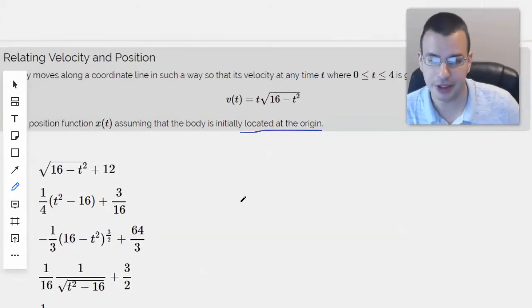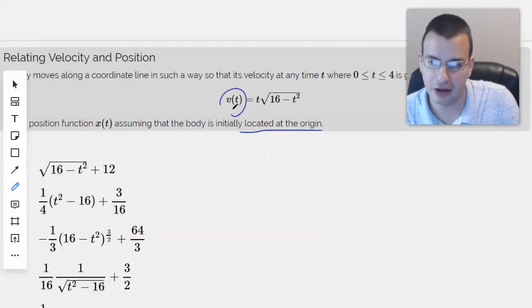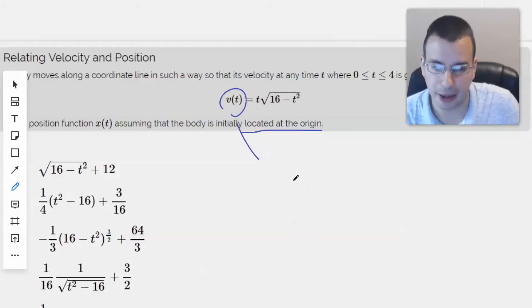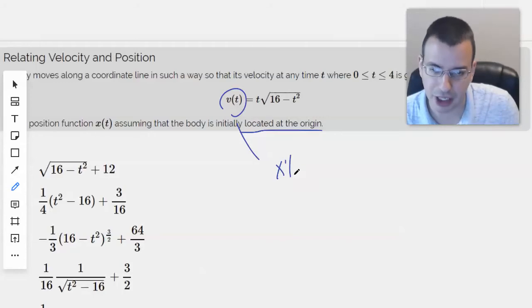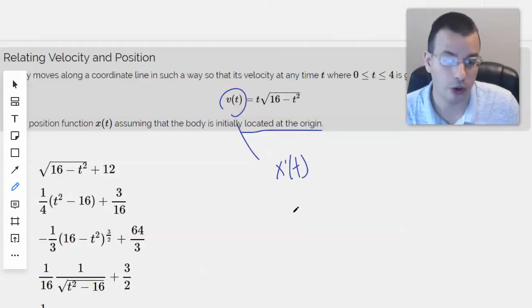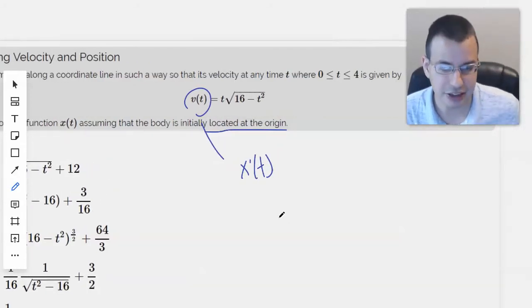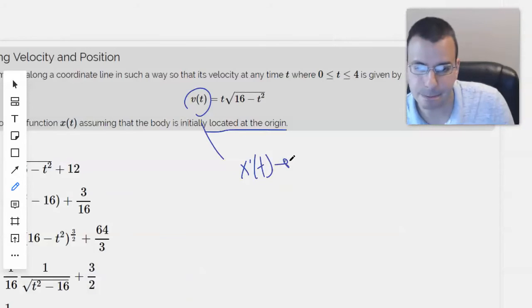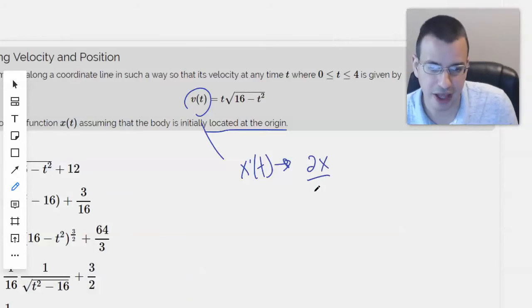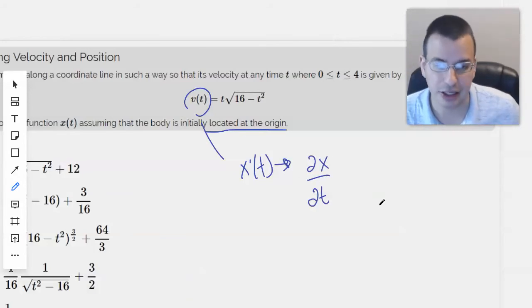The concept here is we have velocity with respect to time, which is x prime of t, or the derivative of x with respect to t.